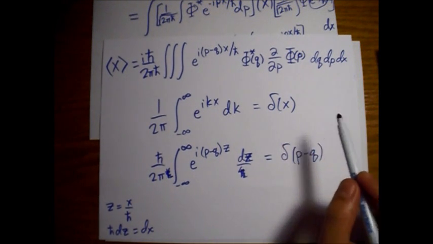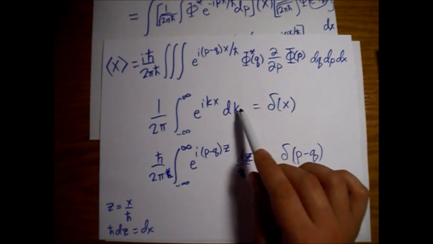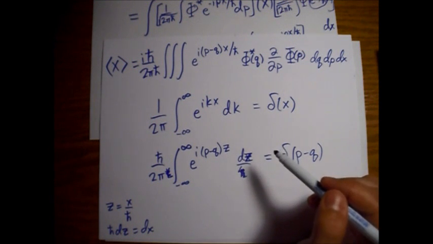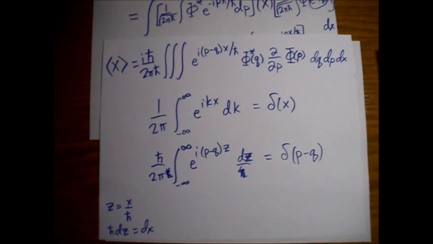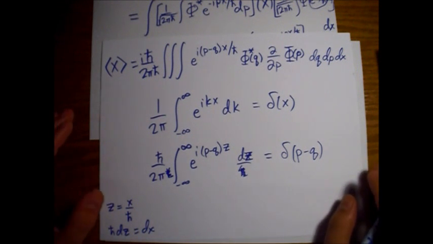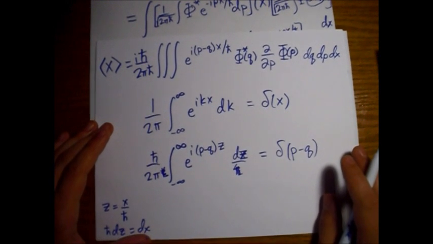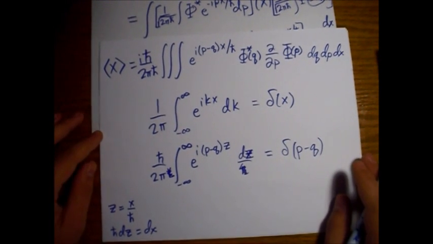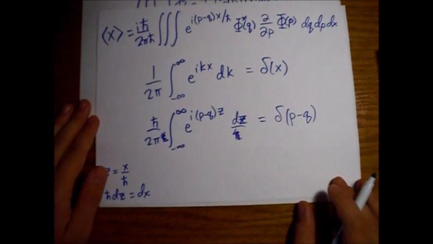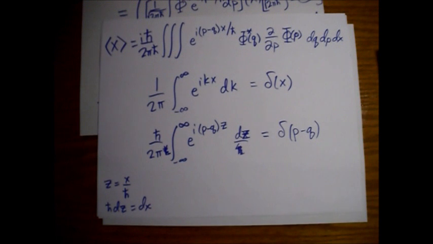Again, this is kind of confusing because x is actually p minus q and k is x, or in this case z. A little bit messed up there, but I'll double check this. I think we're okay so far.